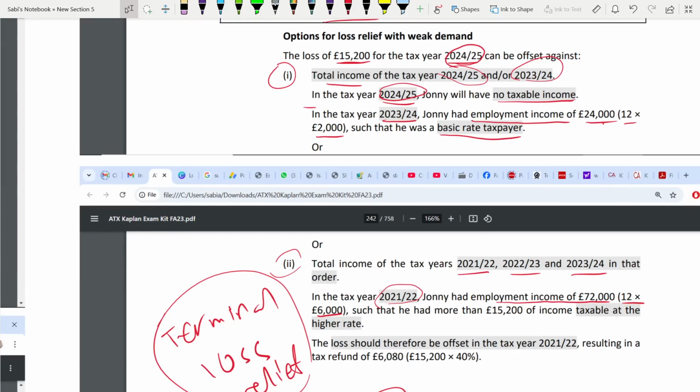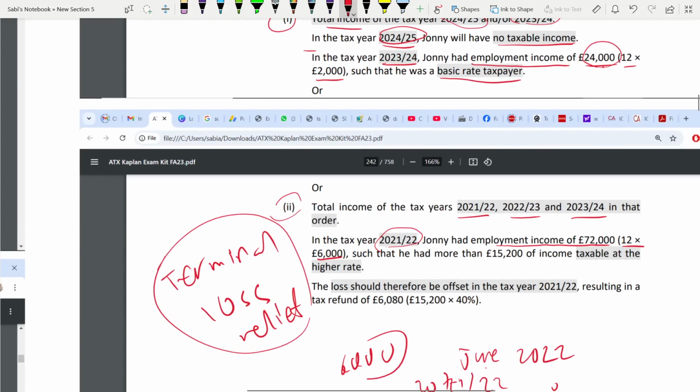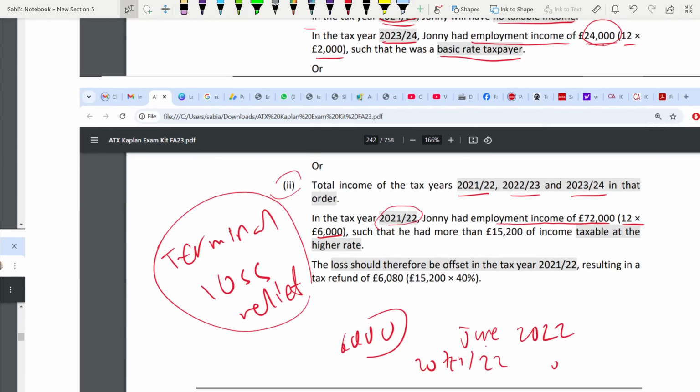So this 15,200 loss in the first option can be resolved immediately using this 24,000 employment income, because income is more than the loss. Second one also is the same. Employment income is 72,000, and employment income will reduce by this 15,200.